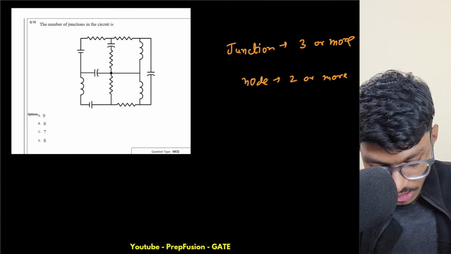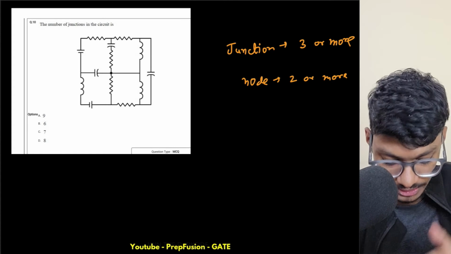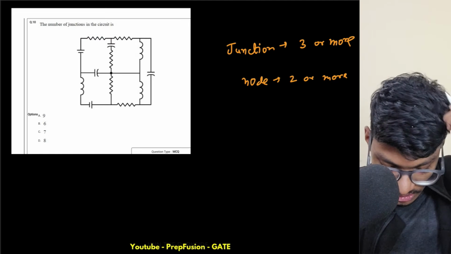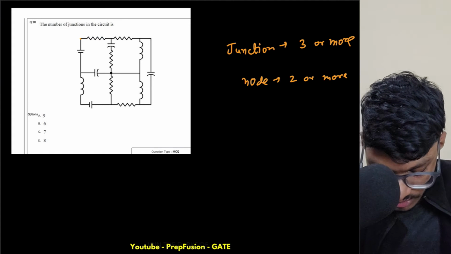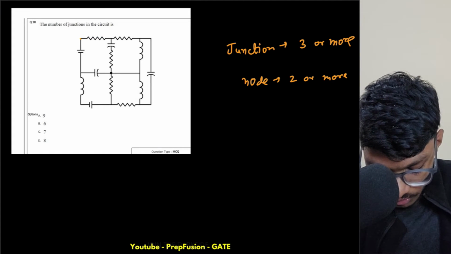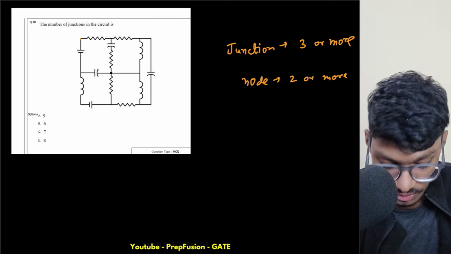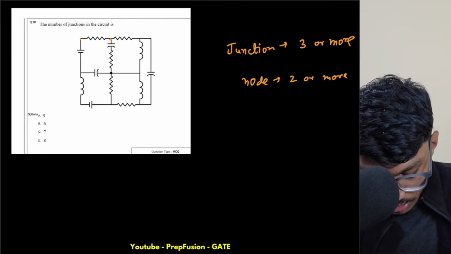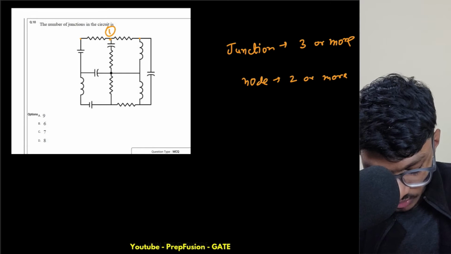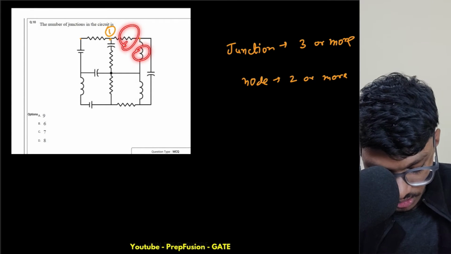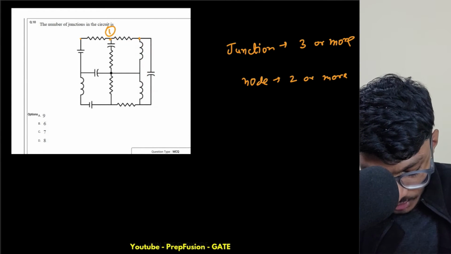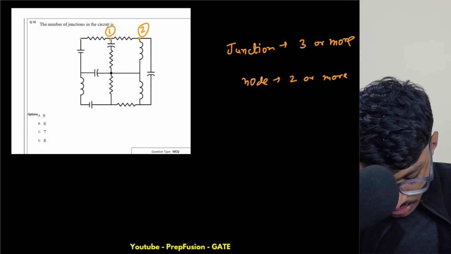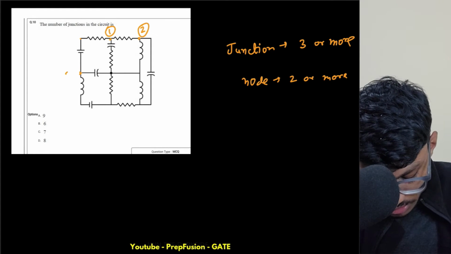Let us first try to understand how many junctions there are, which is what the question is asking. Here, how many elements do we have? Only 2 elements, so this is not a junction for us. At this point we have 3, so this is one junction. Here we have 3 elements, resistor, inductor and capacitor, so this is another junction. This point is also a junction.